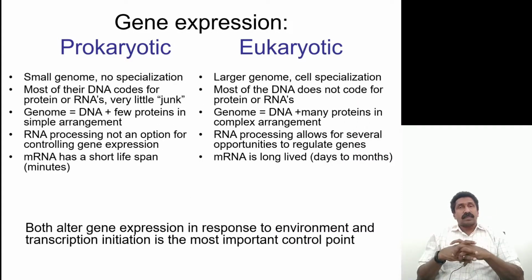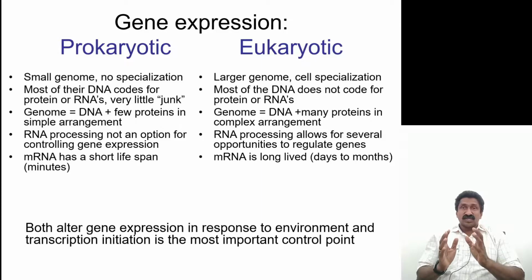Now, here is a comparison of prokaryotic and eukaryotic gene expression. You see, a small genome is present in the case of prokaryotes, whereas in the case of eukaryotes, we have a very large genome.